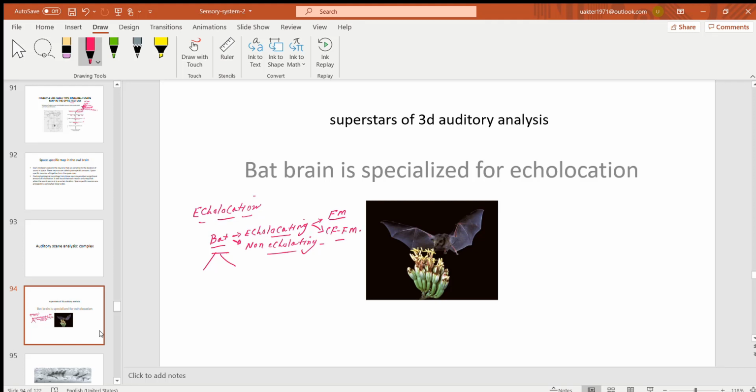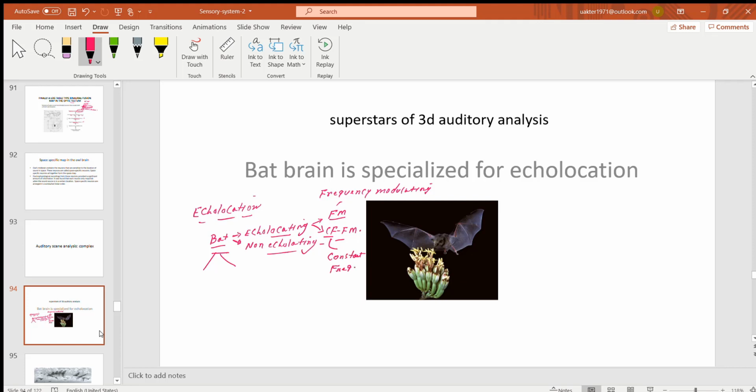The difference is FM indicates frequency modulating. Based on how the bats call, we classify them into frequency modulating, and CF is constant frequency.